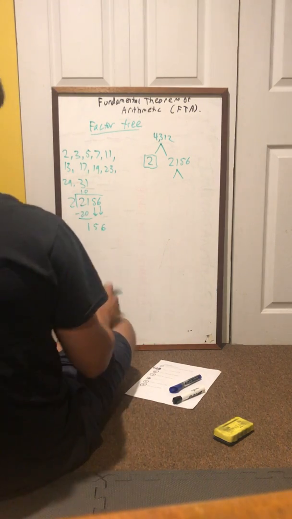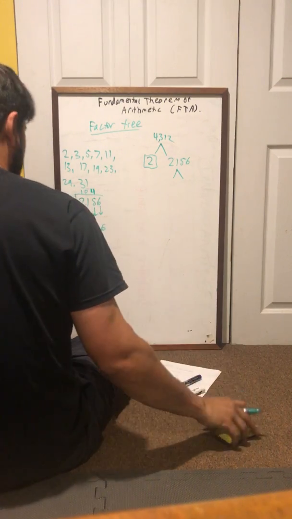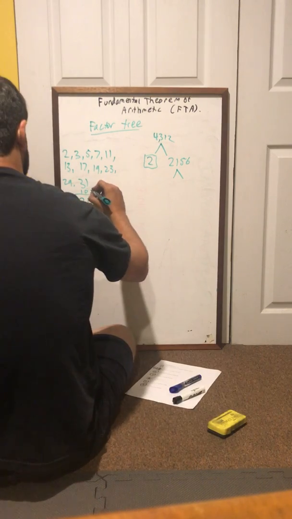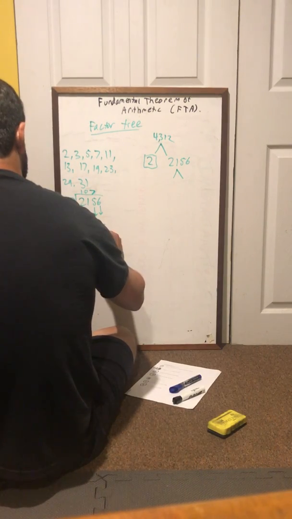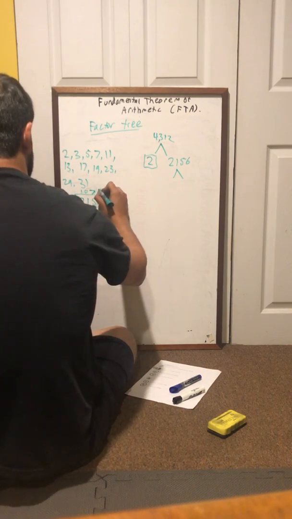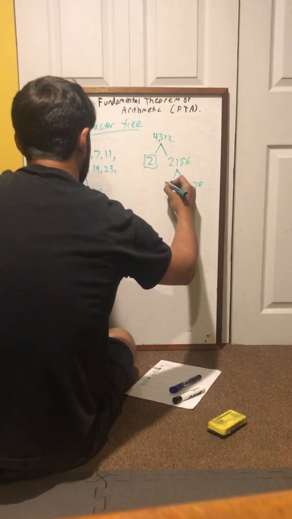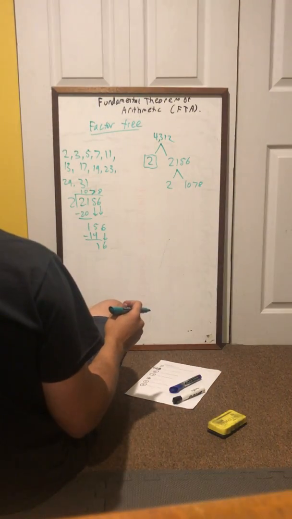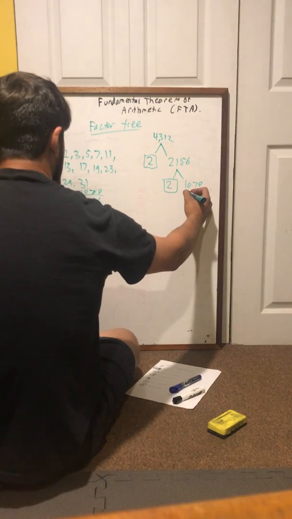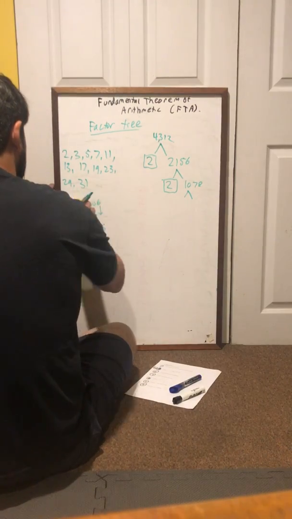No, I'm not going to get 4, we're going to get 7. Minus 14, 1, 6, and we're going to get 8. Excellent. Still an even number, so we're going to divide it by 2 again.